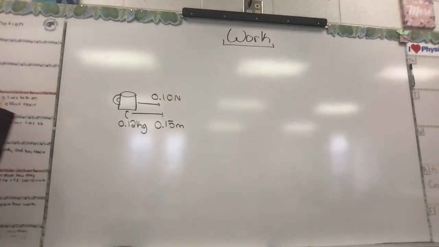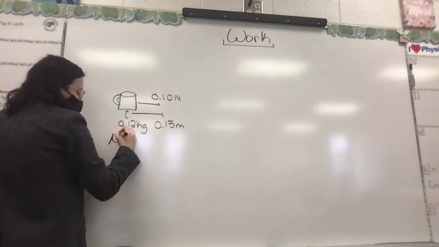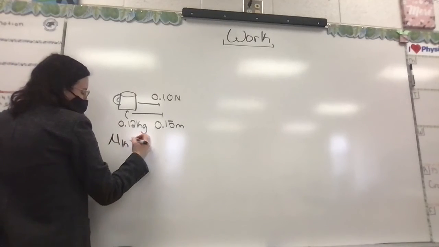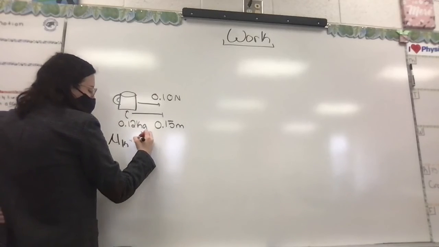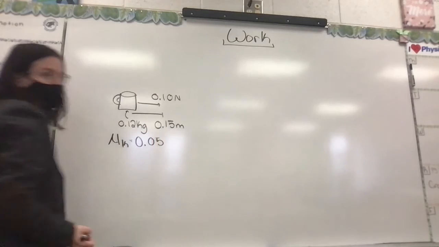There's so much acting on it, okay? Now, one of the most important pieces of information I have for you here is that the coefficient of kinetic friction between the mug and the table is 0.05, okay?